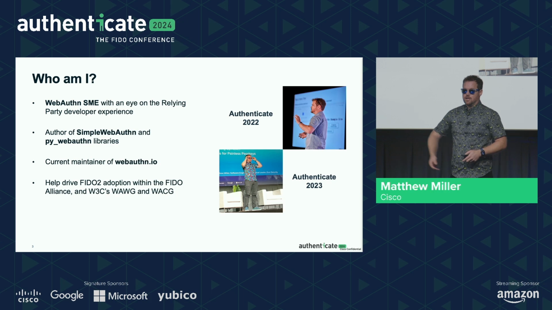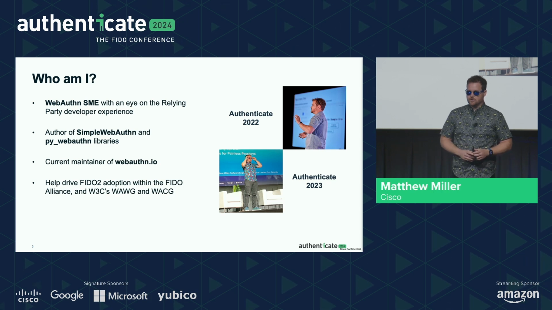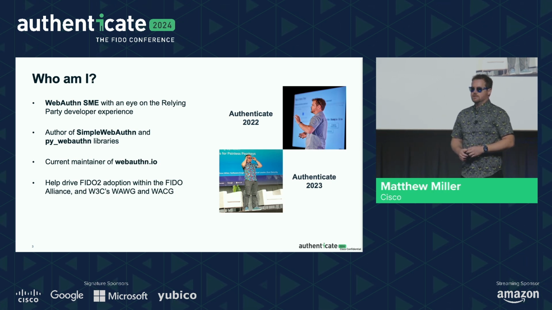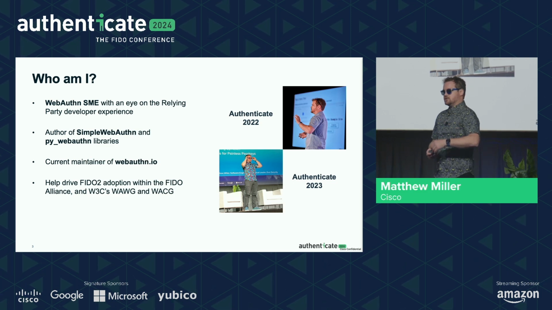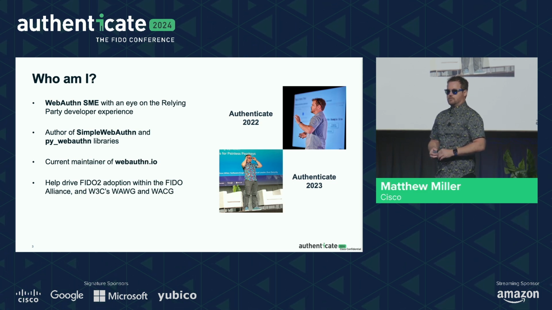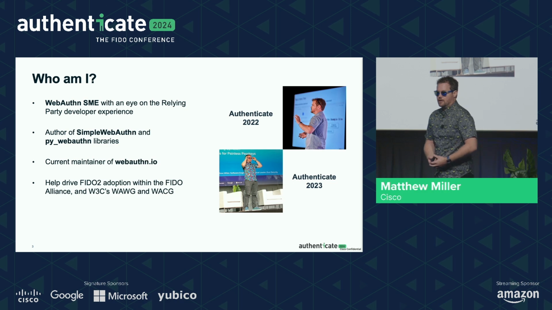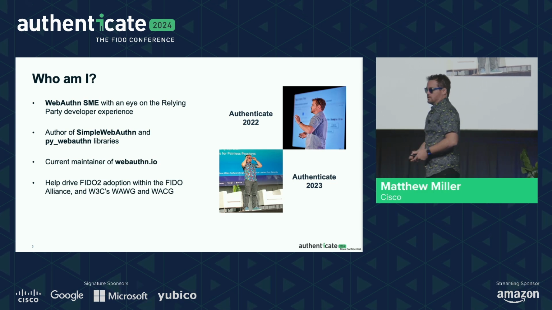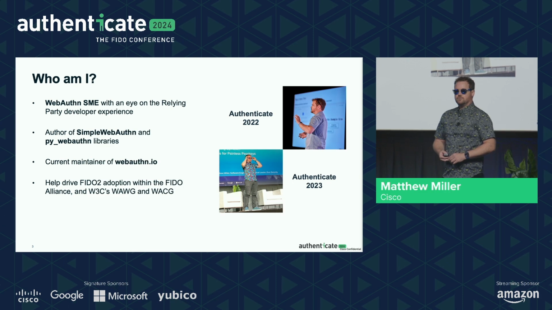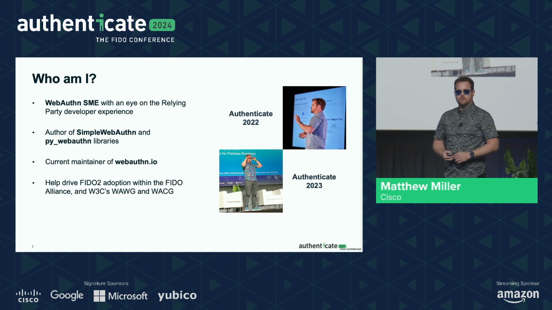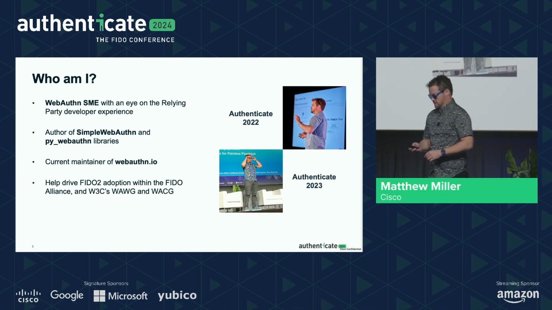I have written a couple of WebAuthn libraries. SimpleWebAuthn is a TypeScript browser and server combination that I work on. PyWebAuthn is Duo's official Python WebAuthn library, and I'm the current maintainer of that as well. I'm also the current maintainer of webauthn.io, which you may or may not have heard of. If you have and you have ideas for it, please hit me up. I'm always looking for ways to improve the experience for testing out WebAuthn.